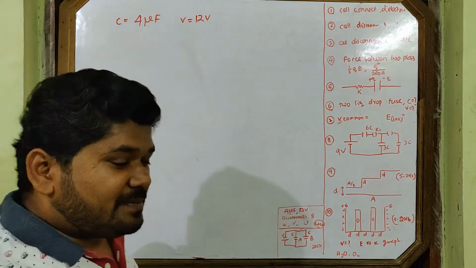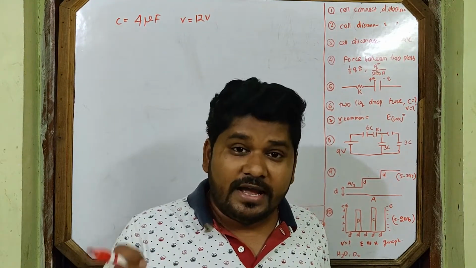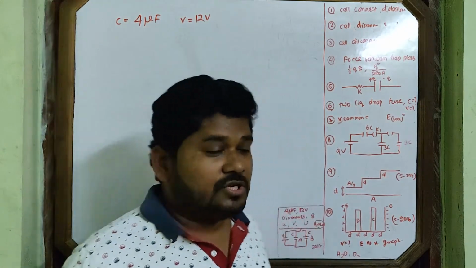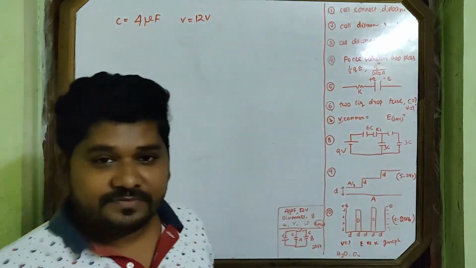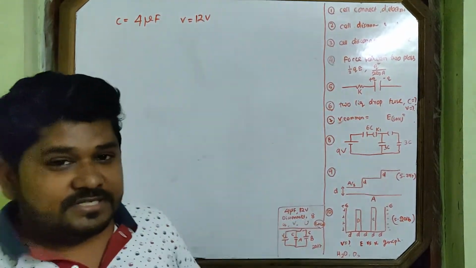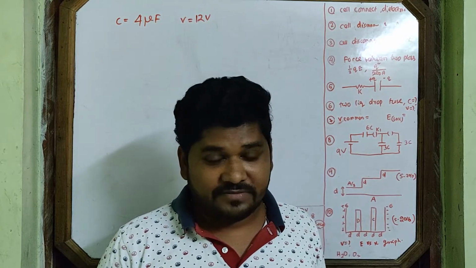One capacitor of capacitance 4 microfarad is connected to a cell of potential difference 12 volt. So now charge is stored in the capacitor.